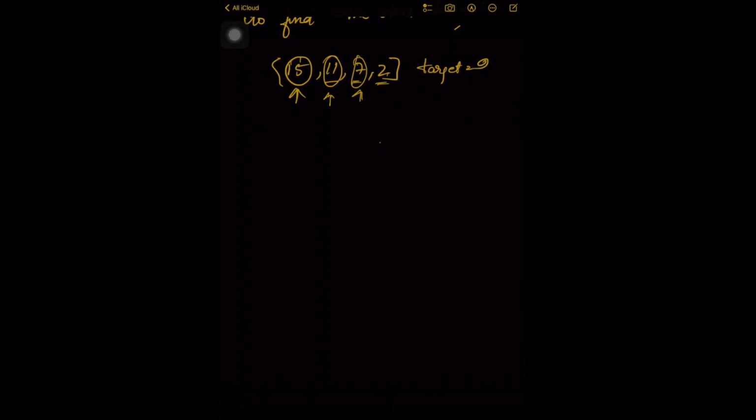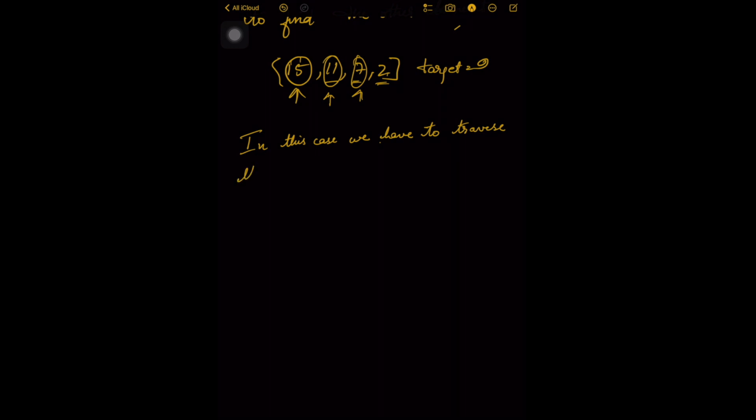Now we've seen that this isn't the most optimal solution. So what can we do to optimize it? Before we get to optimizing it, let's see what's making it unoptimal. In this case, we're traversing the array multiple times. We're starting with 15, trying everything after 15, then we're going to 11, then we're trying everything after 11, and so on.